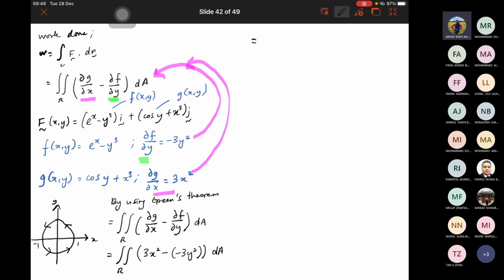Okay, it will be equal to integration over the bounded region R 3x squared plus 3y squared dA.